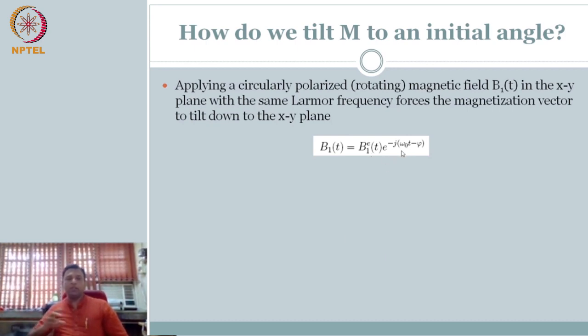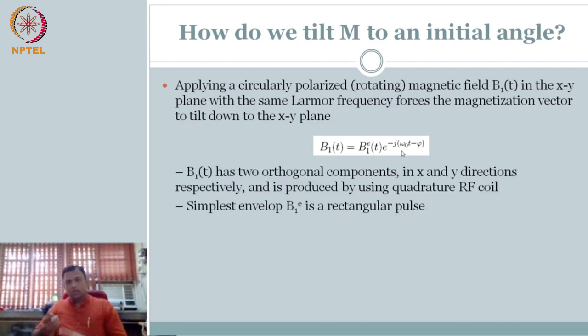So that is the description of the rotating magnetic field. It has two components, X and Y. That's why it is able to move in the XY plane. So you apply this using a quadrature RF coil. We'll talk about this coil design and other things in the instrumentation aspect, in the next module.